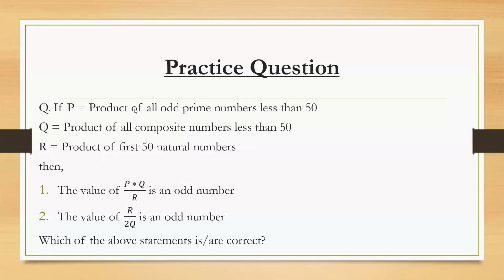Manisha, this is not the value of a prime number. You have to take one prime number. It is the product of all odd prime numbers. So multiplication of all the prime numbers that are less than 50. You cannot selectively choose one prime number.